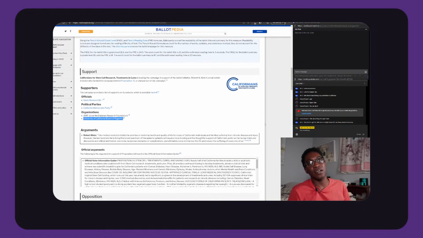Not every ballot initiative is heavily funded, and a lot of times another way you'll look into who's really behind a ballot initiative is who is funding it, and we'll get there later. I'm spending more time on these early ballot initiatives because we're getting into the mode of reading and understanding these.